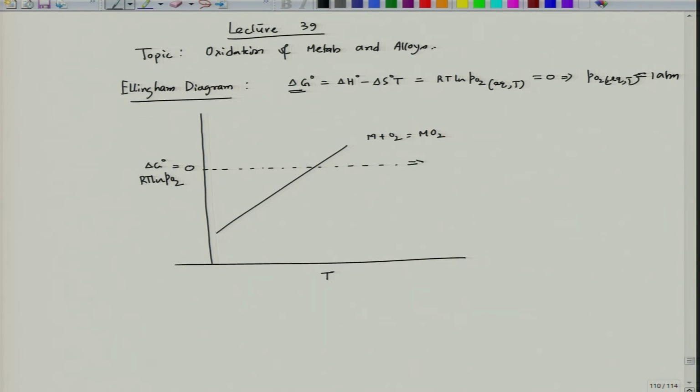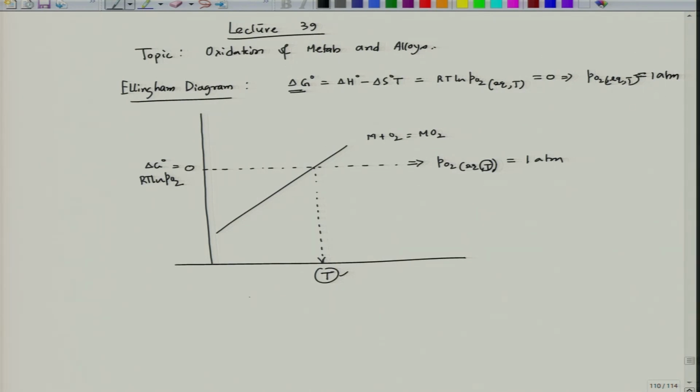So, it corresponds to PO2 equilibrium equal to 1 atmosphere, and that equilibrium temperature when PO2 is 1 atmosphere is this one. This is the T we are talking about. This T and this T both are the same.